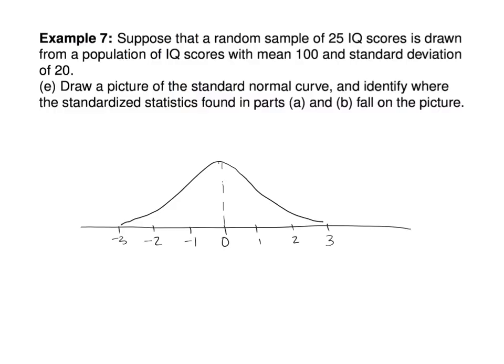Okay, and x bar equaling 95 corresponded to a z-score of negative 1.25. Look, that falls just a bit below negative 1. And then 2.5 is halfway between 2 and 3. And so you can see that effectively the location didn't change, just the scale did. So the first one counts in terms of standard deviations in that particular problem. This one just counts in general standard deviations.